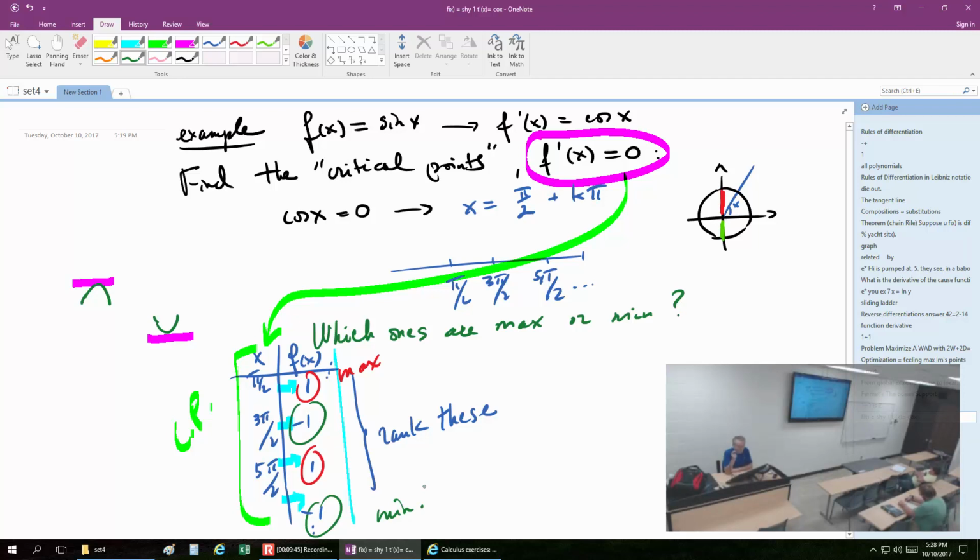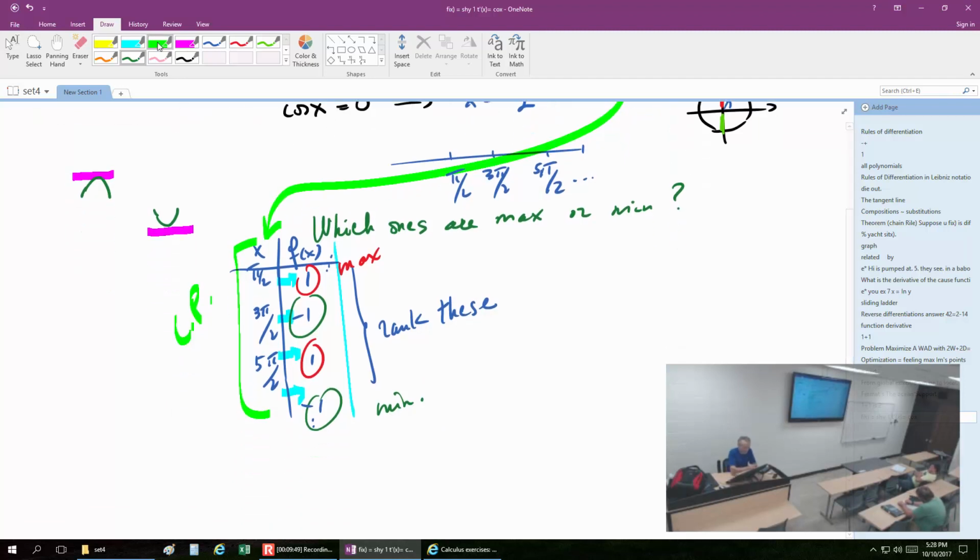So I'll do the optimization problem next, but let me take this out of the way, the question of the converse. So zero derivative doesn't mean maximum or minimum.